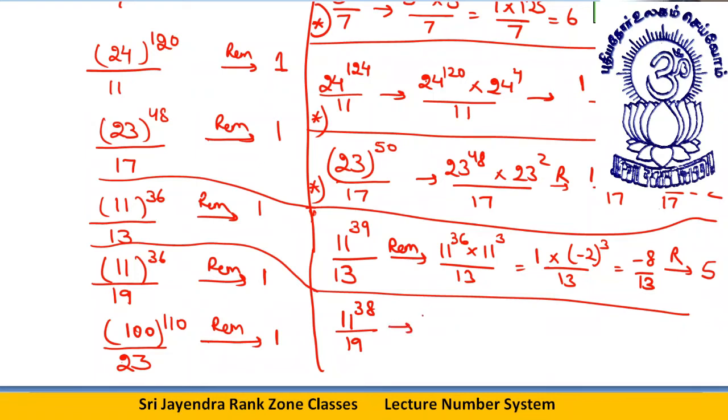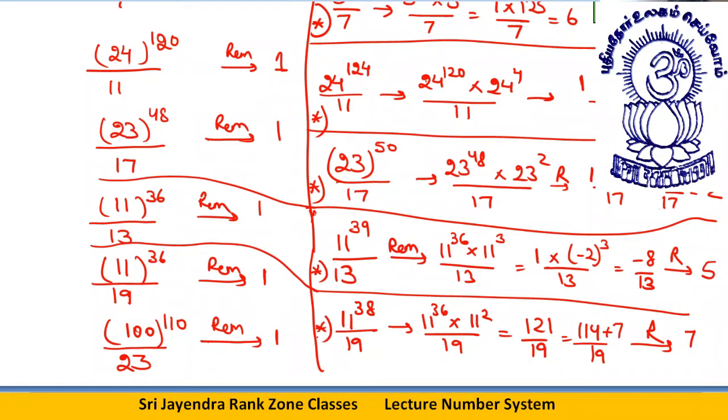So what is remaining? 11 raised to power 36 into 11 square. What is 11 square? 121 divided by 19. 19 into 6 is 114, so 114 plus 7 divided by 19. So your remainder comes out to be 7. I am sure, students, all these concepts will be very clear to you.